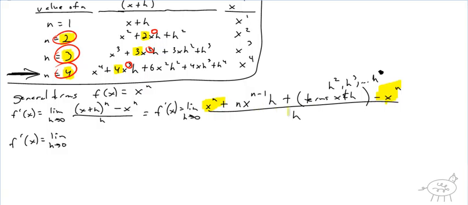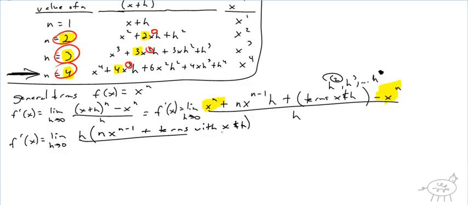And the reason I separated the n x to the n minus 1 times h is that it has just an h to the first power. Everything else is h squared. So when I want to factor stuff out now, I want to factor that h out of here. So I have h times n x to the n minus 1 plus all those terms, and it still has an h in it because right here is an h squared, so it's still terms with x and h, all over h.